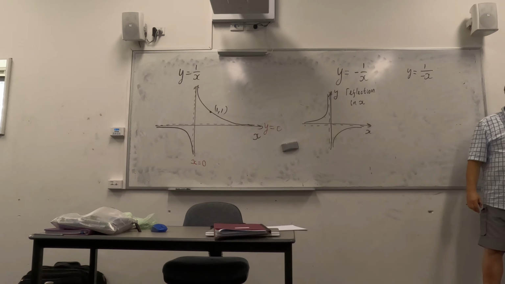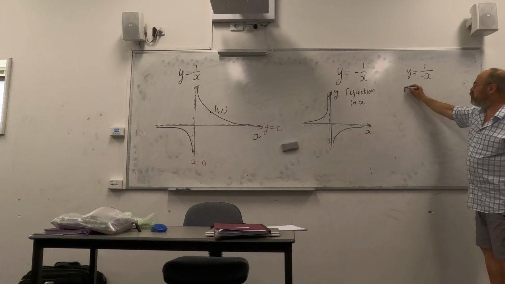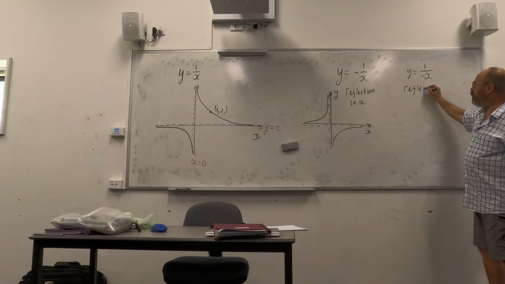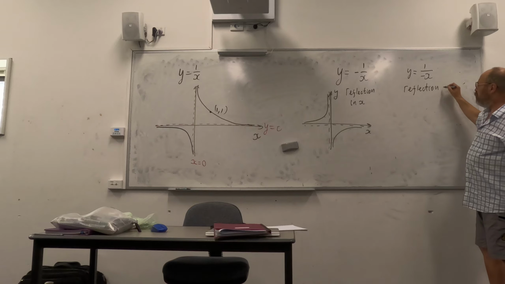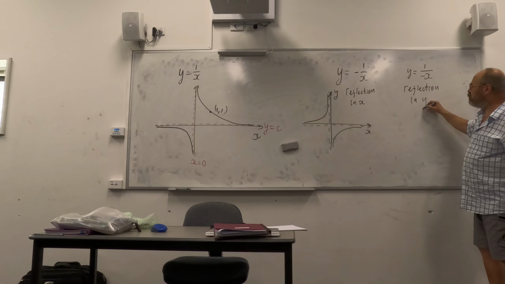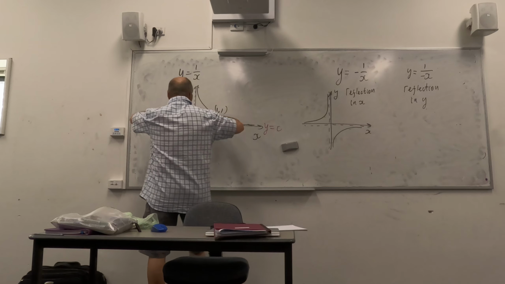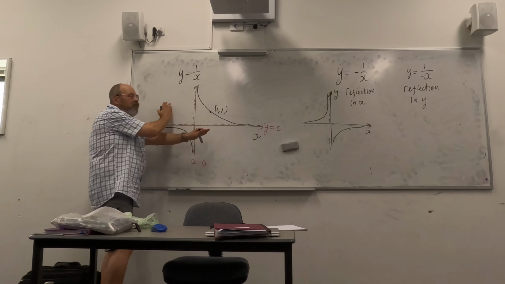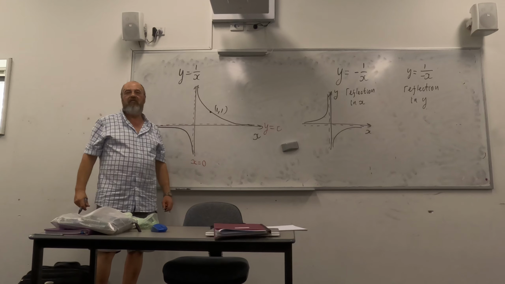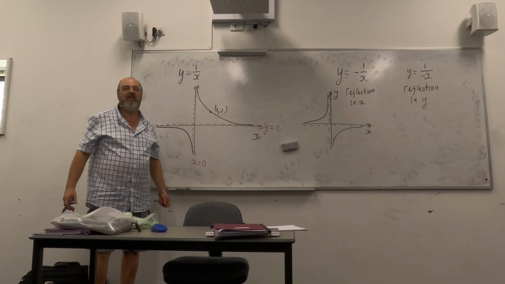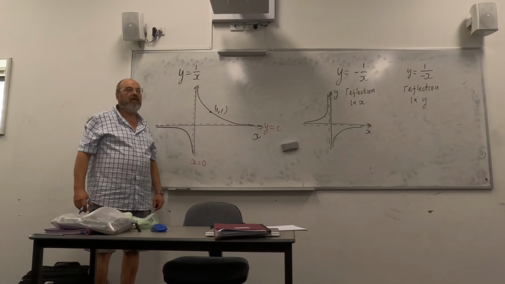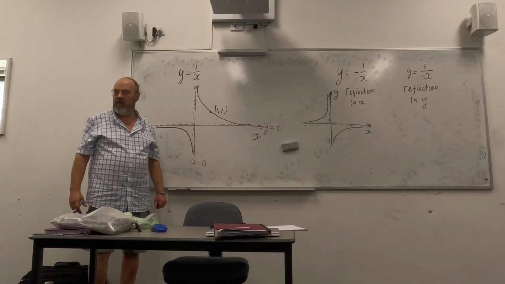So we obtain exactly the same graph. That will be a reflection in the y-axis. For a hyperbola, if you reflect it like this, or like this, you get the same result. But it's not always the same for all graphs.